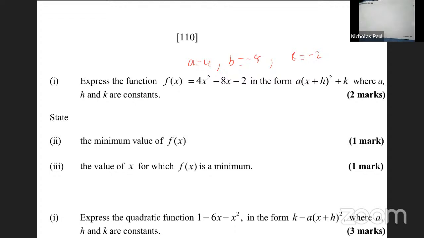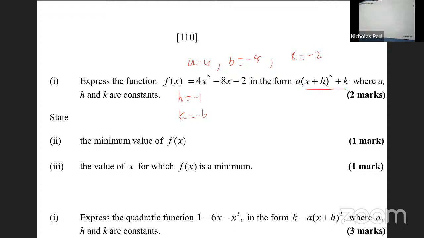Nobody have 5, so you just qualified it. Right, and H was how much? Plus 1. H is positive 1 or negative 1. And K was negative 6. So remember, if they say they want it like this, write it like that.